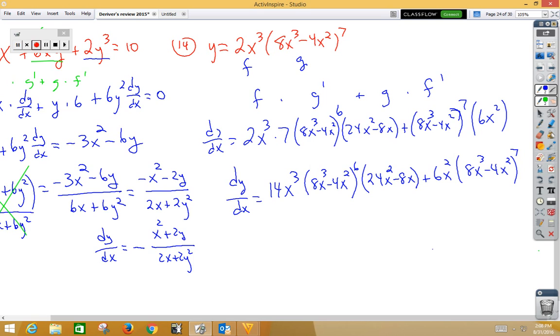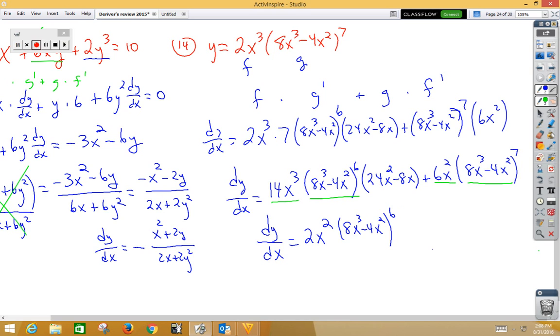This time let's go ahead and do that just so that you get an example of what could happen. So let's go ahead and take out a 2x squared from the 14x cubed and the 6x squared. Let's take out an 8x cubed minus 4x squared to the 6th power, because that's the smaller exponent of those two.